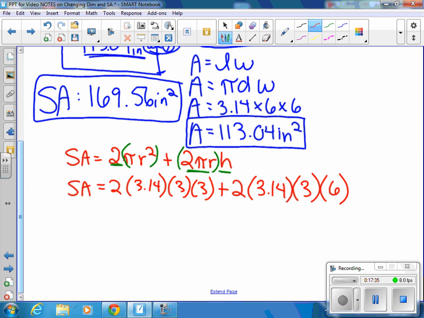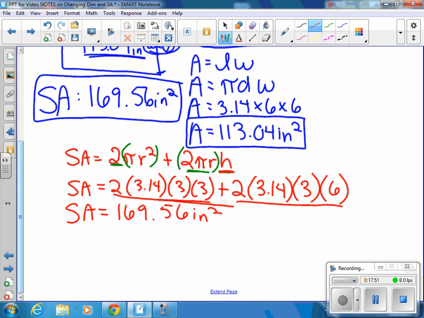Remember, that h right here is the height of the prism. Once I do all the multiplication and then add them together, I still wind up with the same thing. I'm going to get 169.56 inches squared. So there's my surface area of my cylinder.